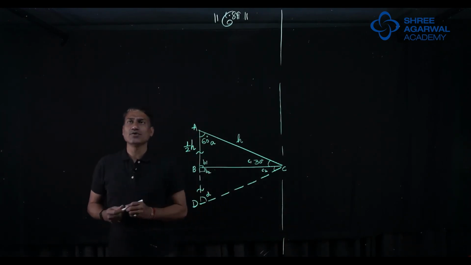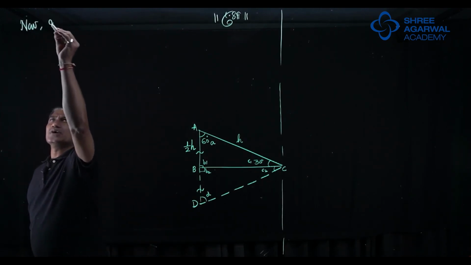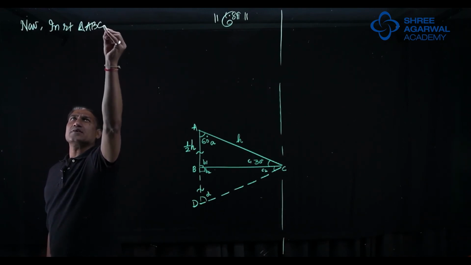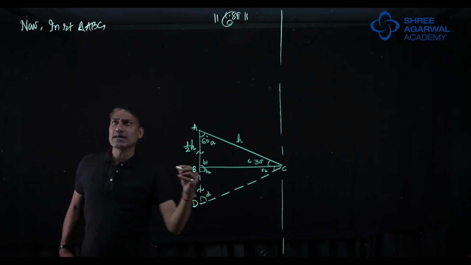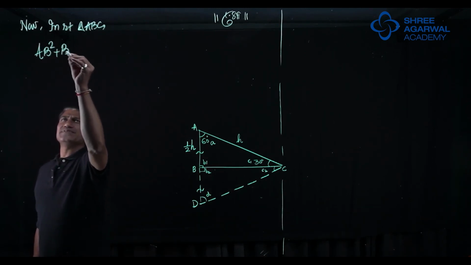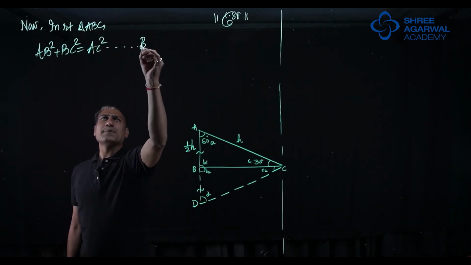Now we have to find BC. So here we go. Now we will say, in right triangle ABC, AB square plus BC square is equal to AC square by Pythagoras theorem.